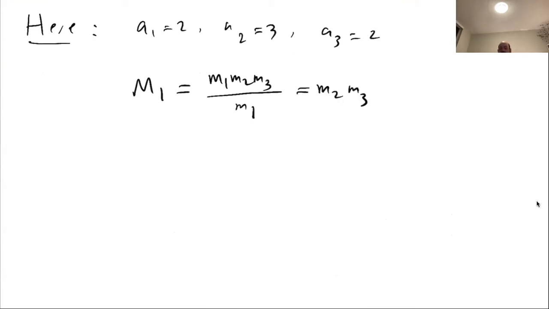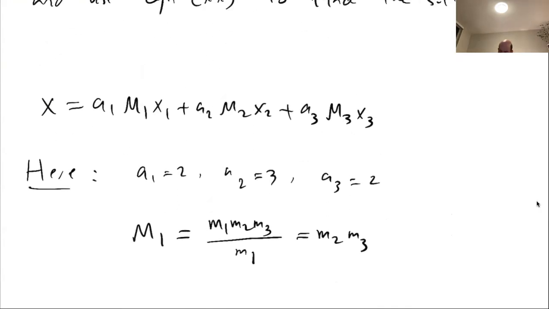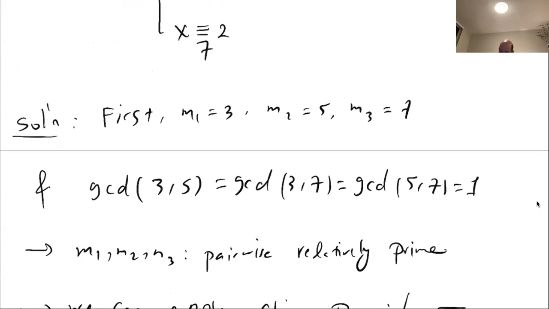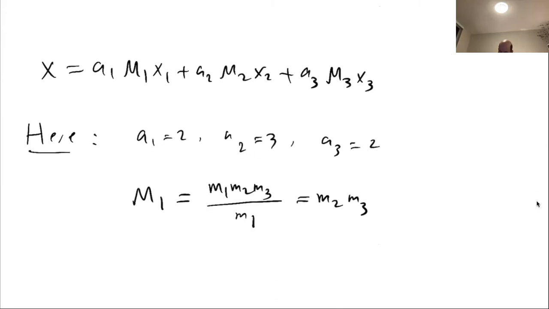So capital M1 is the product of all m_i except m1, which means m2 times m3. And how much is that? m2 and m3 were 5 and 7, so that's 35.